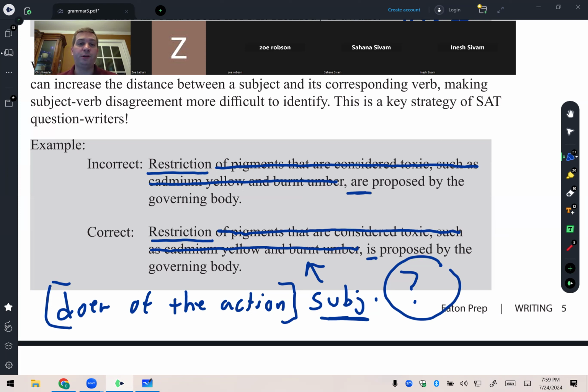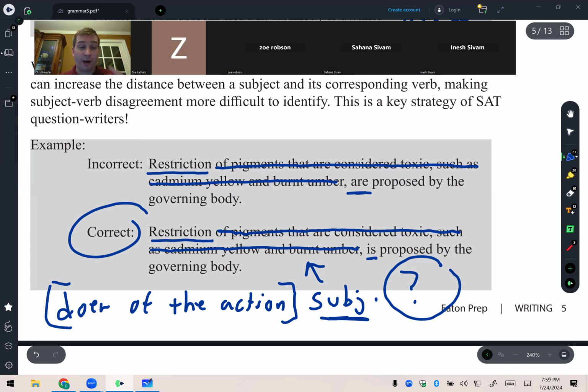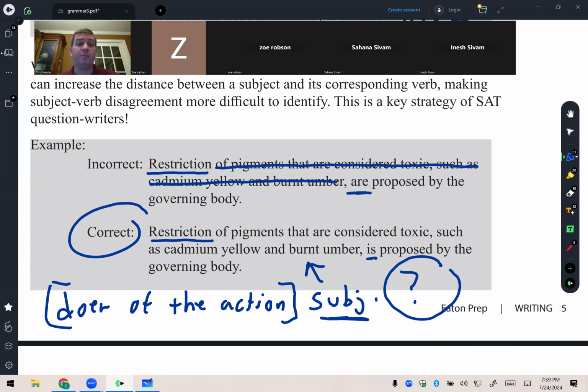Restriction are proposed by the governing body, or restriction is proposed by the governing body? It's quite obvious it's the second version, but because of that huge prepositional phrase, they create so much space between the subject and its verb that you might be confused. So once you're happy with it, you can put it back in there. Restriction of pigments that are considered toxic, such as cadmium yellow and burnt umber, is proposed by the governing body.